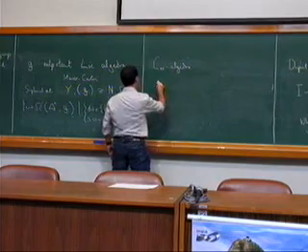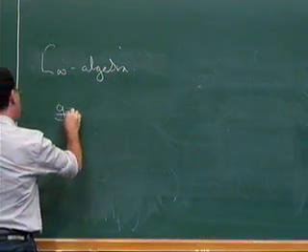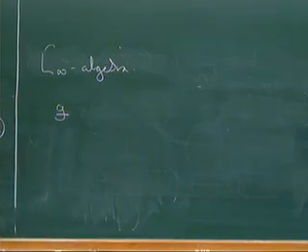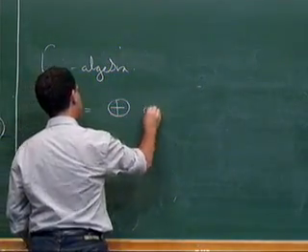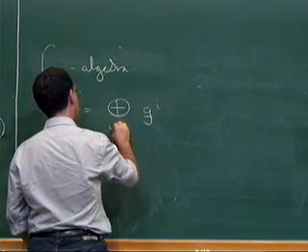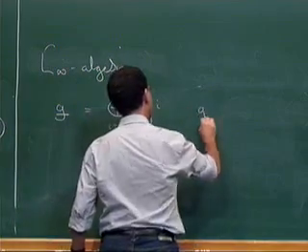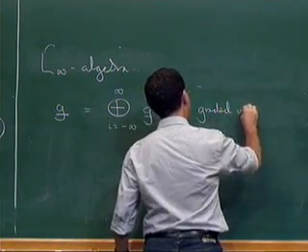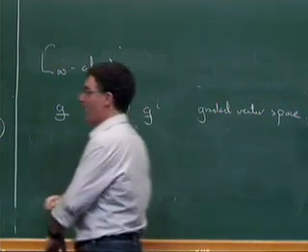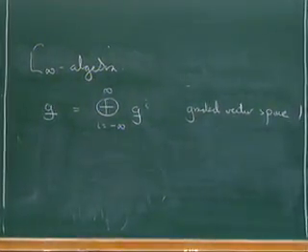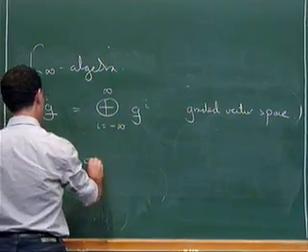So we have now G is a graded vector space. And we're going to have a differential on it, delta.